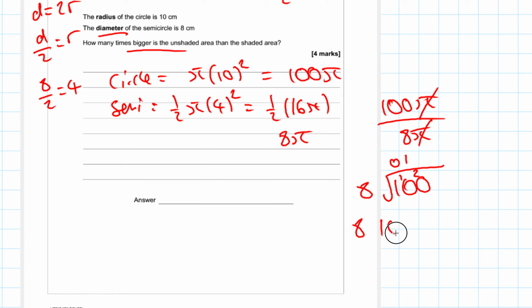Then we've got 8, 16, 24, so 20 divided by 8 is 2, remainder 4. So it's going to equal 2, remainder 4. Then 8, 24, 32 and 40, so this is going to be 12.5.